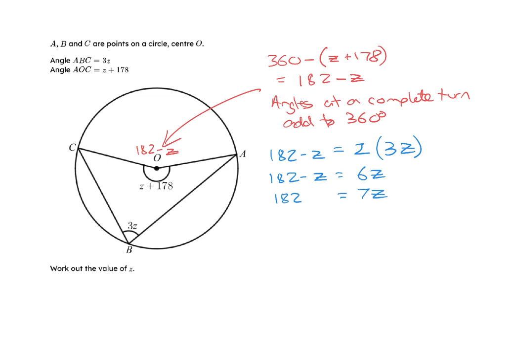And then dividing through by 7, z is 182 over 7, which works out very nicely to 26 degrees. So if you get a question involving algebra, just try and form an equation, an expression, especially if you're trying to find the actual value for the variable, and you should be able to solve it and get a nice answer.